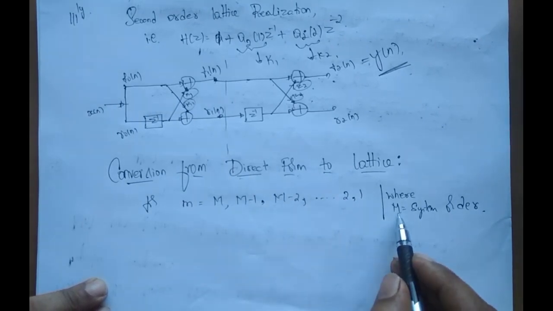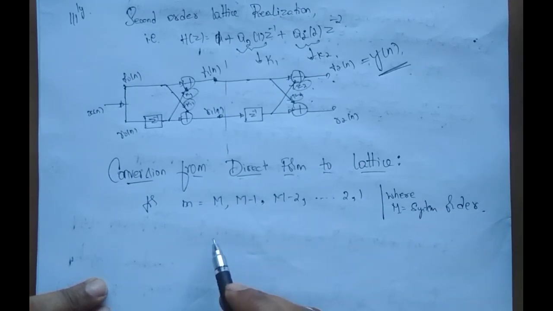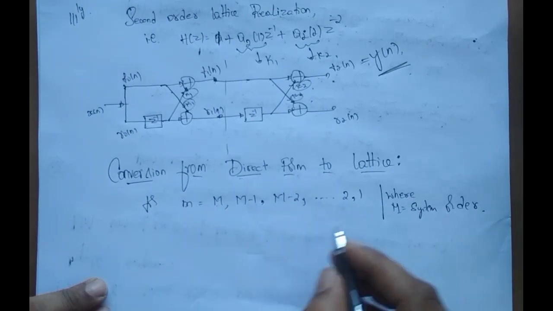So for example, if the system order is 3, m takes the value 3, 2, 1. If the system order is 5, m takes the value 5, 4, 3, 2, 1, and so on.